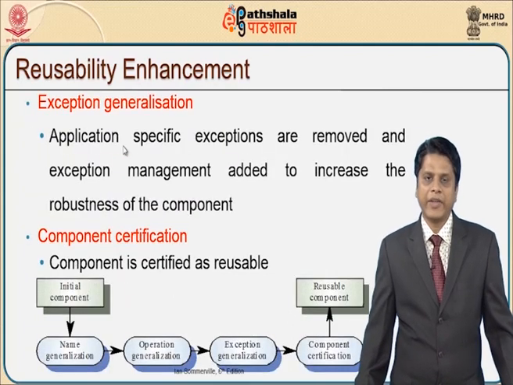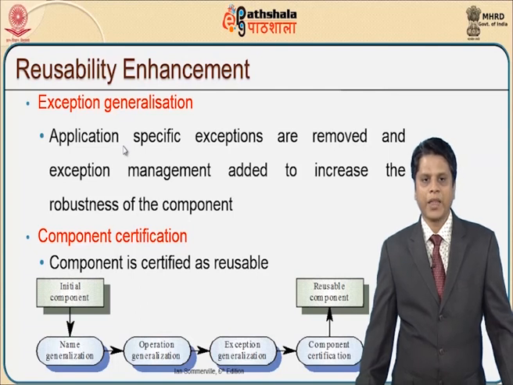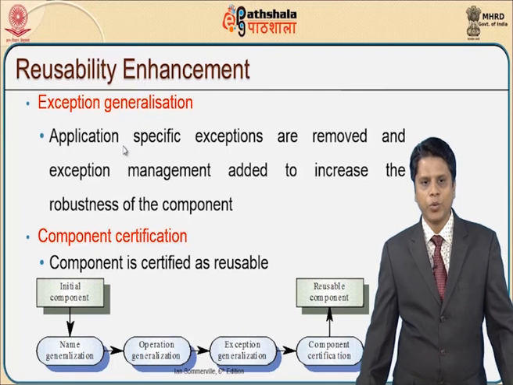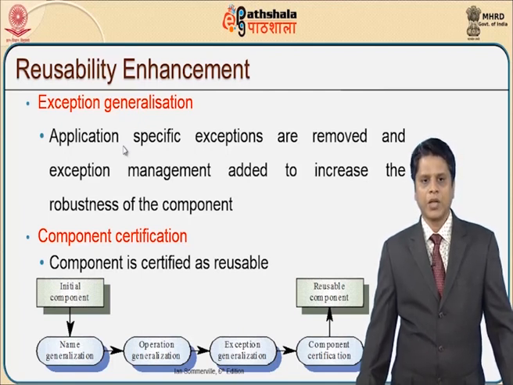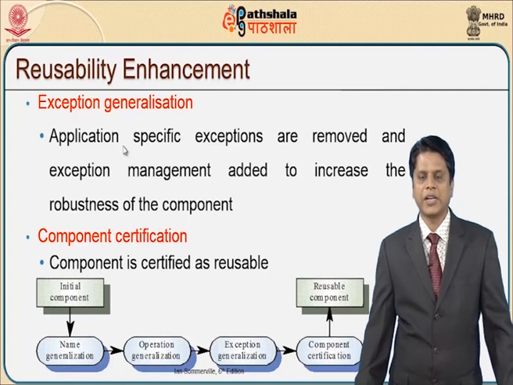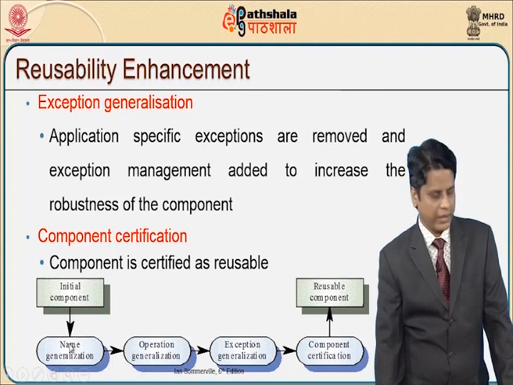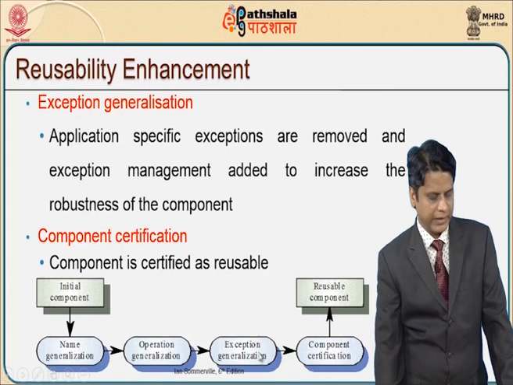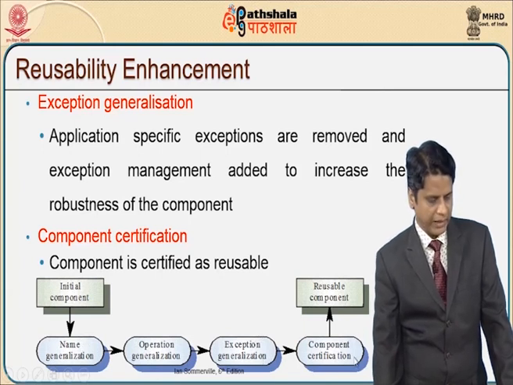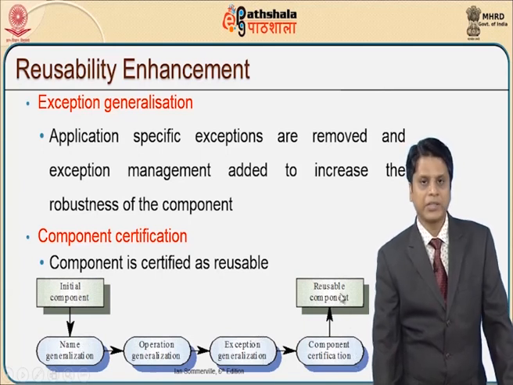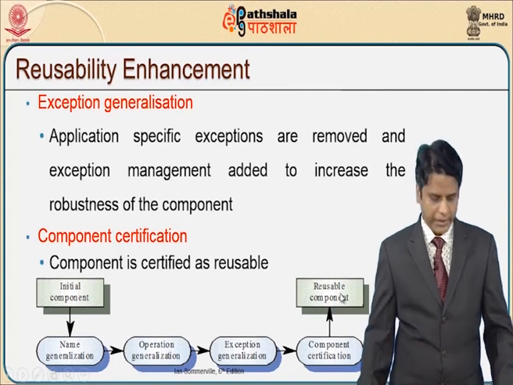It can in turn have exception generalization also. In exception handling, application specific exceptions are removed and exception management is added to increase the robustness of the component. For component certification, the initial component undergoes name generalization, then operation generalization, then exception generalization, then component certification. Further, the component is made completely reusable.